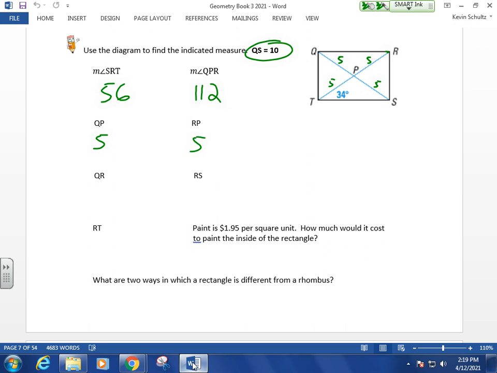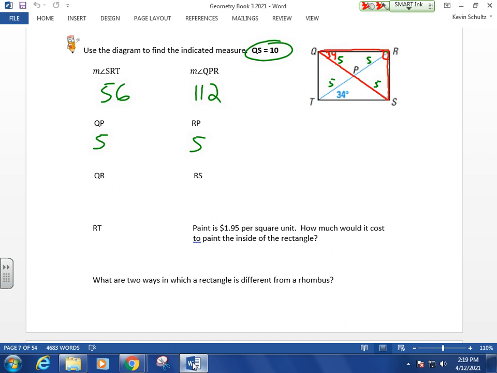Side QR, the temptation here is to use perhaps the Pythagorean Theorem, 5 squared plus 5 squared equals hypotenuse squared. However, again, not a right triangle. Cannot do that. So instead, knowing that this angle is 34 up here, and that this is your right angle here, what you could do, right?